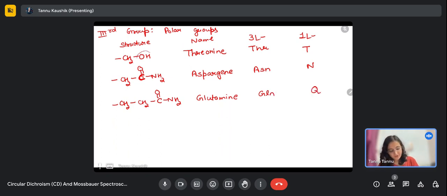So these are the functional groups, polar groups in these amino acids. Now the fourth group is the acidic group.